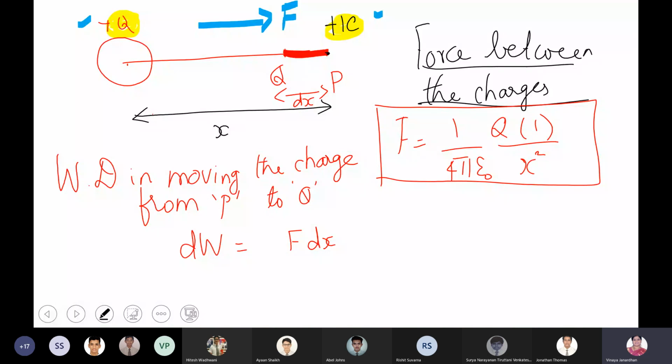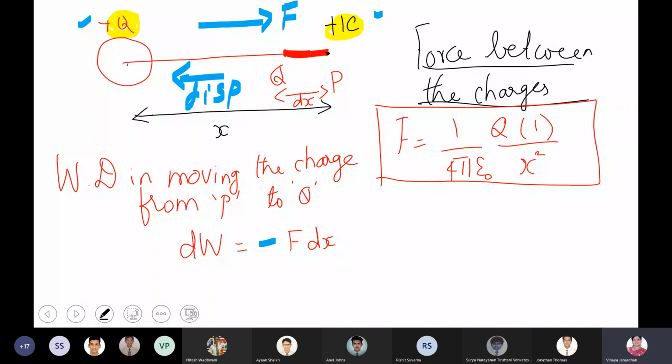Now, how is the charge moving? Is it moving from Q to P or P to Q? Displacement will be from P to Q. Are they opposite to each other? Negative. So that is why here the work done will be negative.